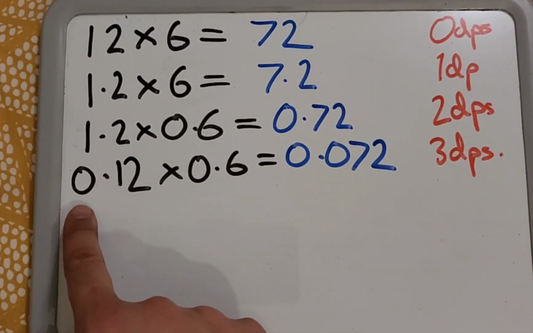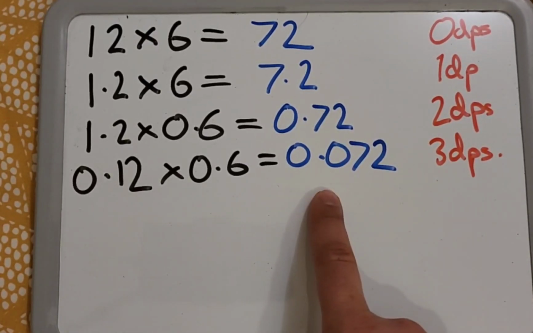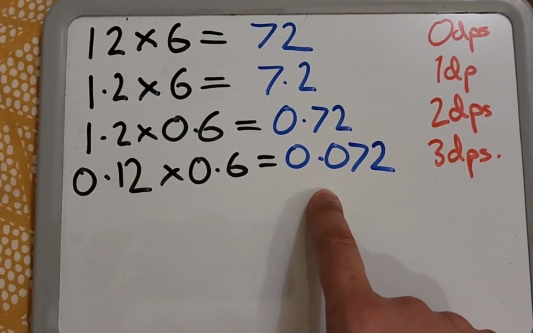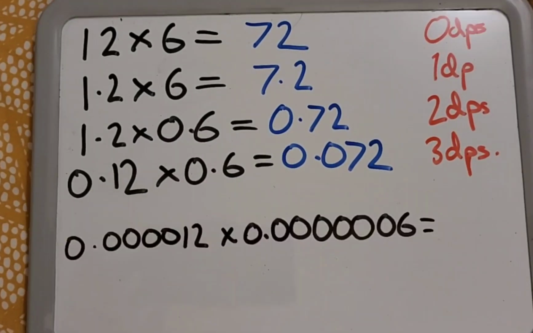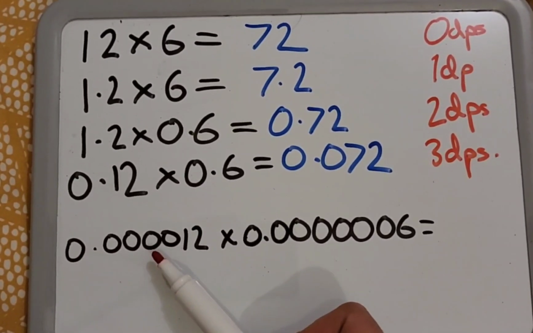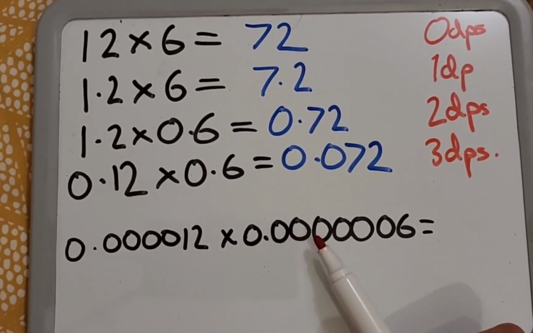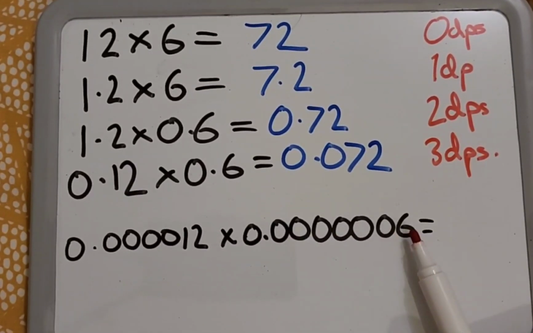And again, in the calculation we've just done, there are 3 decimal places in our question, which means 3 in our answer. If we want to extrapolate this out, we could think of a silly example. Over here we have 0.0000012 times 0.0000006.